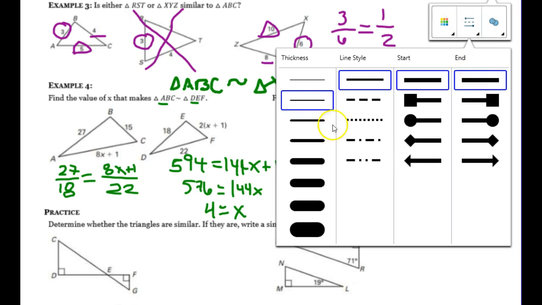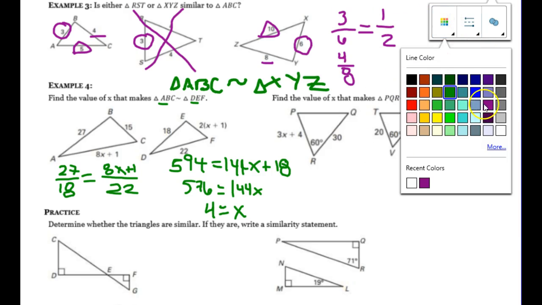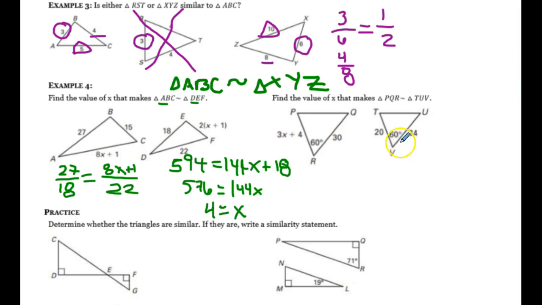All right, next example. I want these two triangles to be similar. I know that VU and QR are my two similar sides. So I'm just going to go ahead and set up that proportion. And from my PQR triangle, I've been given this 3x plus 4 side. And over here, 20.